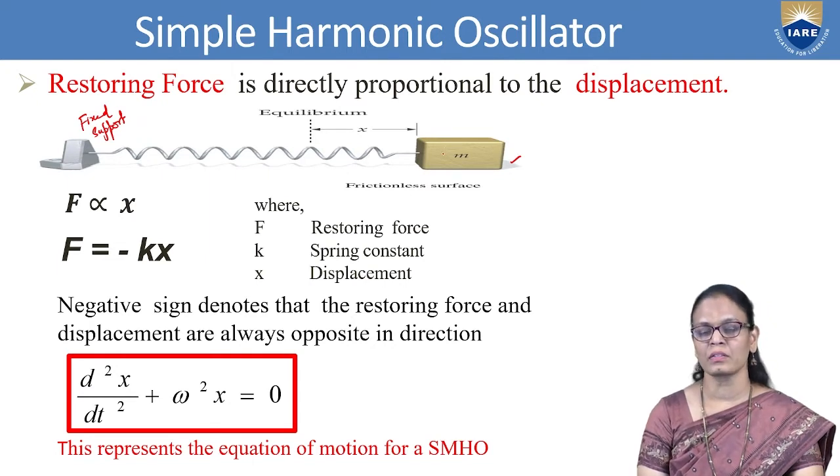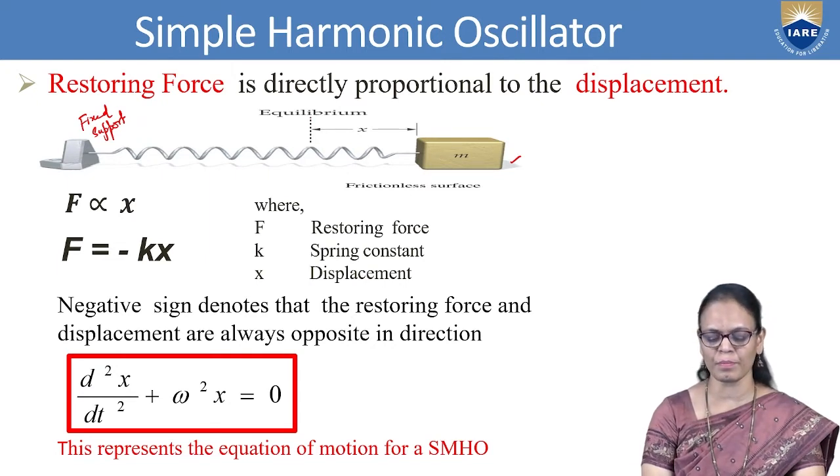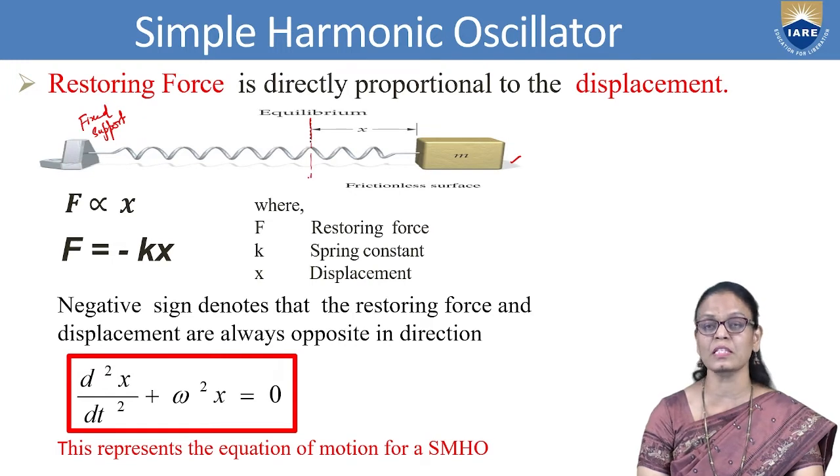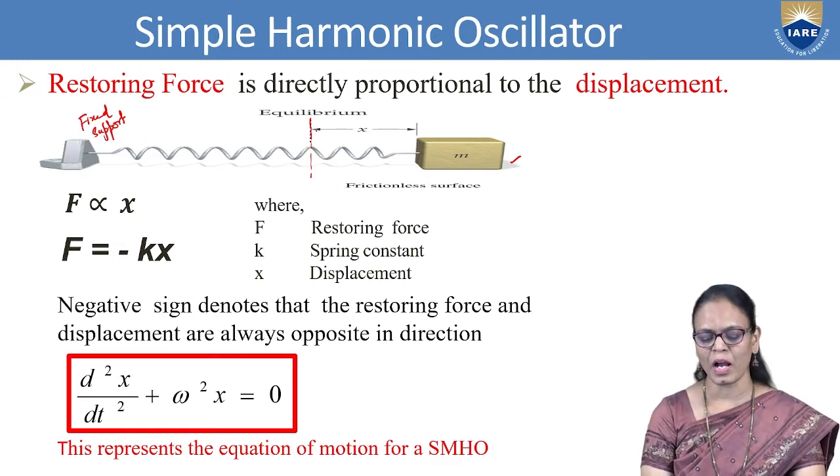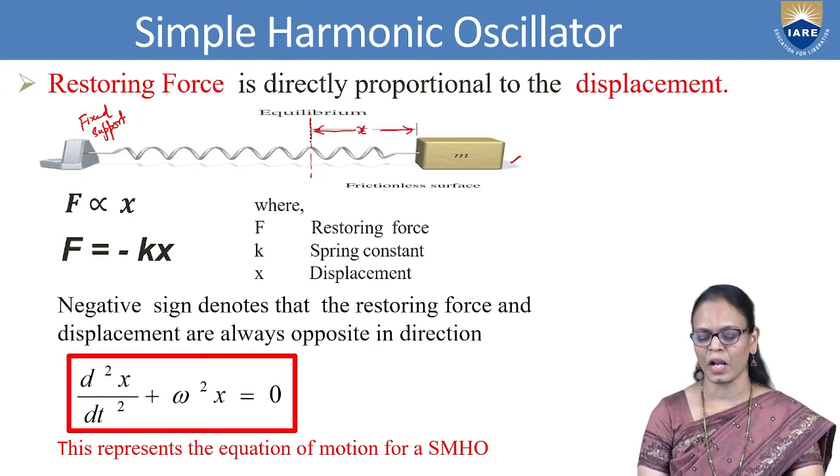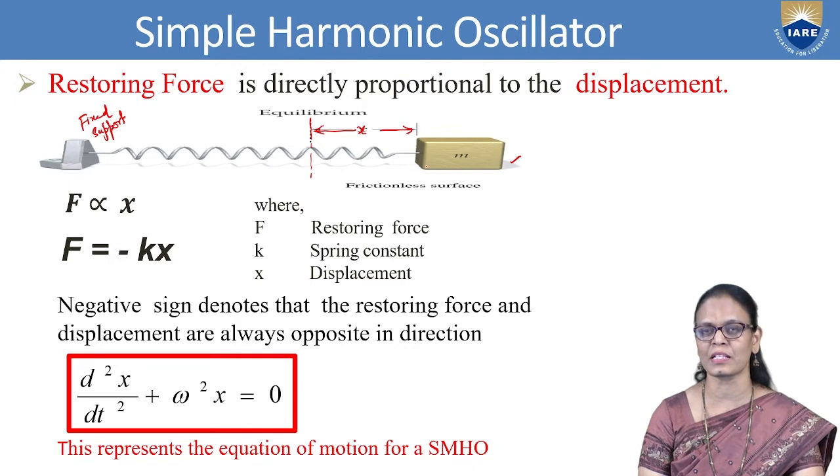Whenever the block is disturbed from its equilibrium position, if this is the equilibrium position, I displace or disturb it through a distance x and leave it, expecting all the conditions of a simple harmonic motion to be satisfied.